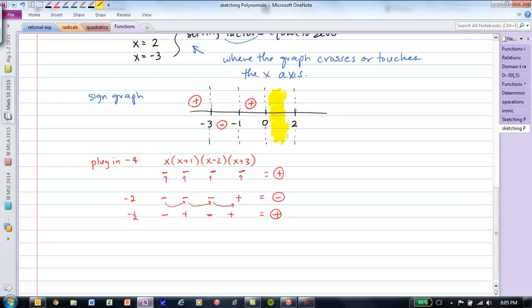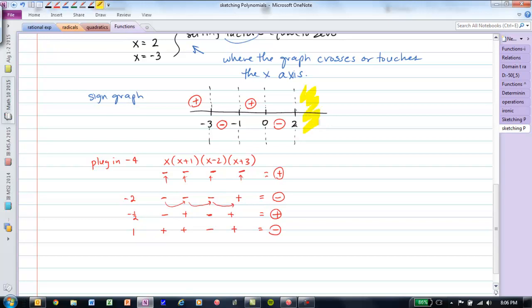Okay, next we look here. In between 0 and 2, logical choice would be to choose 1. So if I choose positive 1, the first term is positive. Second term is positive. Third term, negative. Fourth term, positive. So this whole thing ends up being negative. And finally, we need information from numbers that are greater than 2.